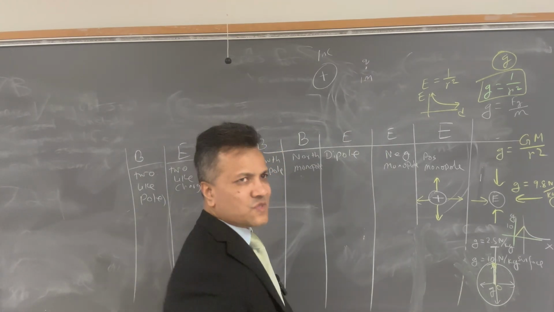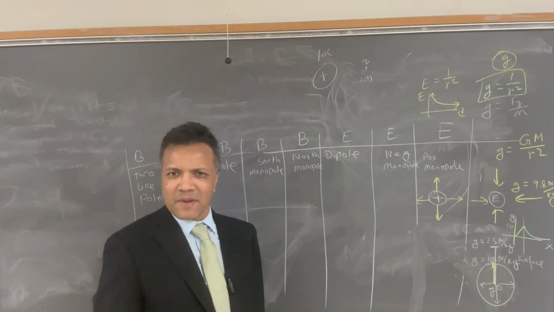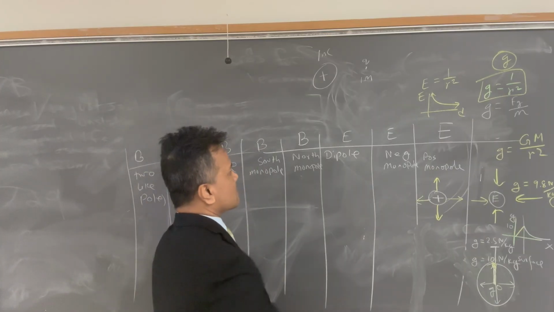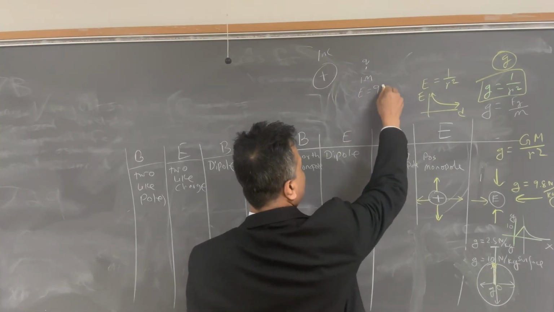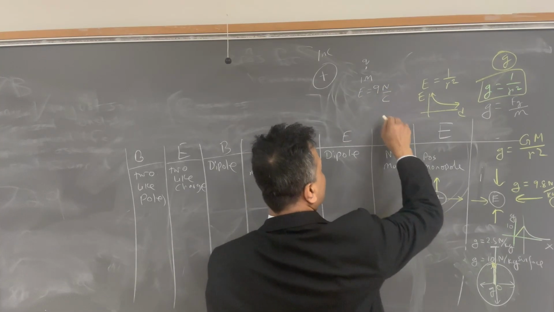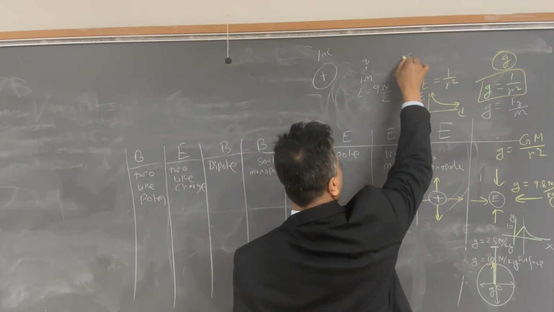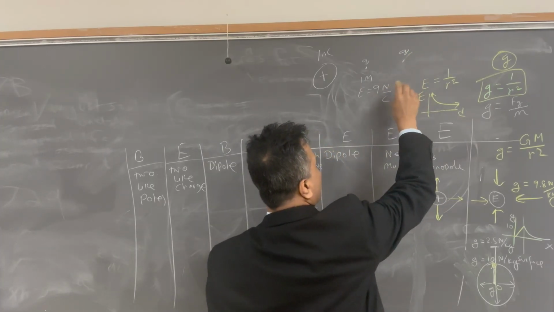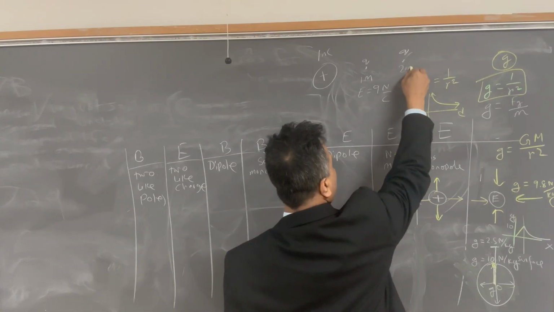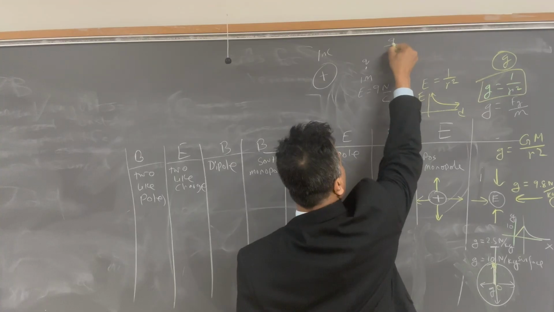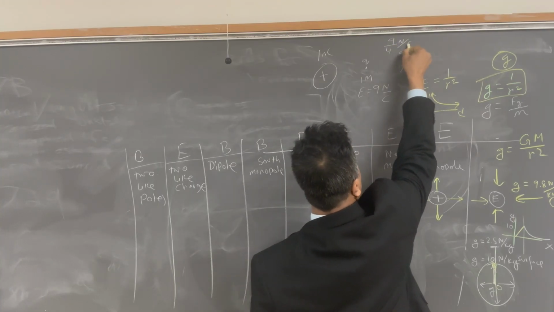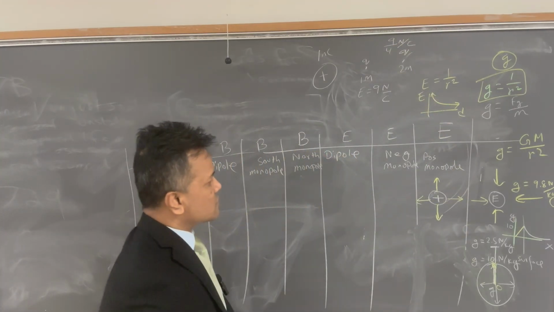Test charge does not create the field, the main charge does. So then what is the field over here? The field over here is 9 Newton over Coulomb. If you put the test charge over here, what is the field over there? Which is 2 meter. The field over there is 9 divided by 4 Newton over Coulomb.